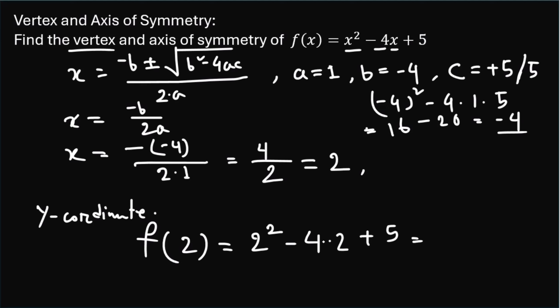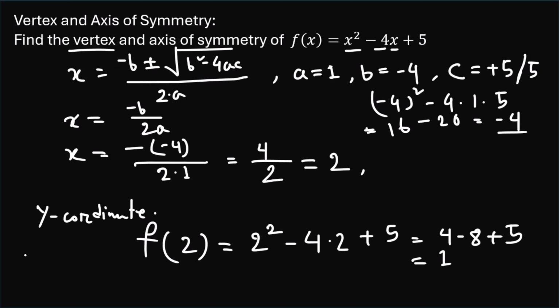So now 2 times 2 equals 4, minus 8. So 4 minus 8 plus 5. So 5 plus 4 equals plus 9, minus 8 equals 1.